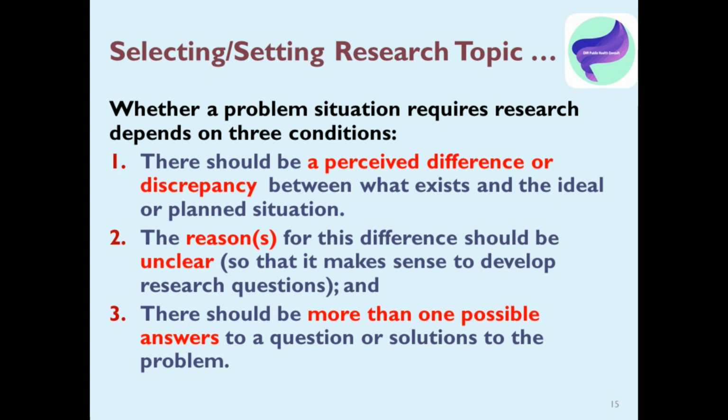Second, the reason or reasons for this difference should be unclear, so that it makes sense to develop research questions. And third, there should be more than one possible answer to the question or solution to the problem.